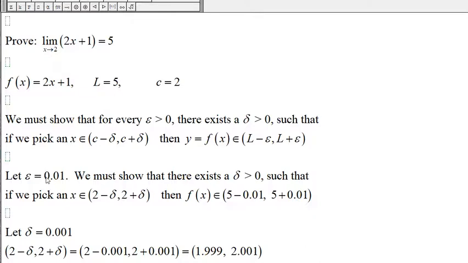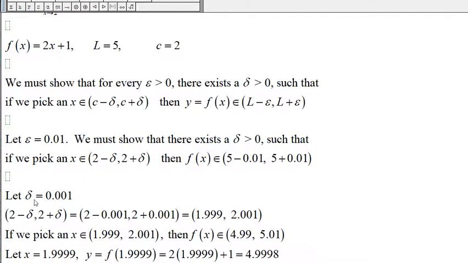So let's start with an example. Let's say that epsilon is given as 0.01. Then we must come up with a delta such that if we picked an x from this interval, then the corresponding y value, or f of x, must be inside the interval of 5 minus 0.01 and 5 plus 0.01.